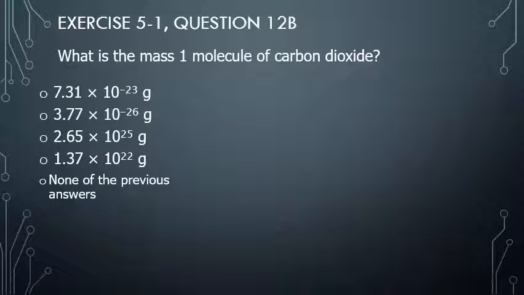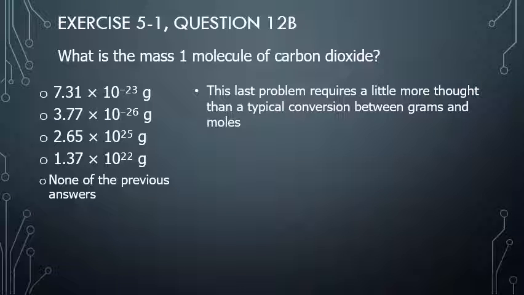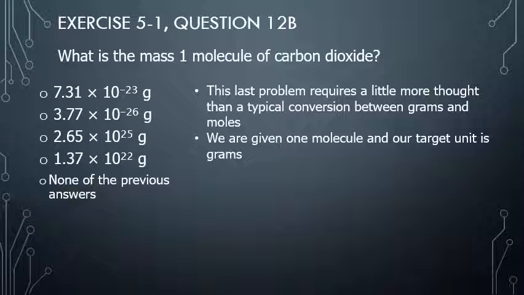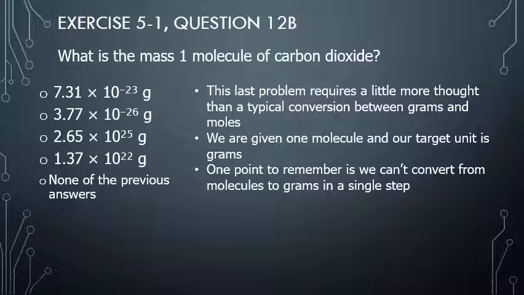The final question, they ask for the mass of one molecule of carbon dioxide. This requires a little more thought because we won't be able to do this in a single conversion. We will have to use two steps. We are given one molecule, the target unit is grams, and we can't do it all at one time.